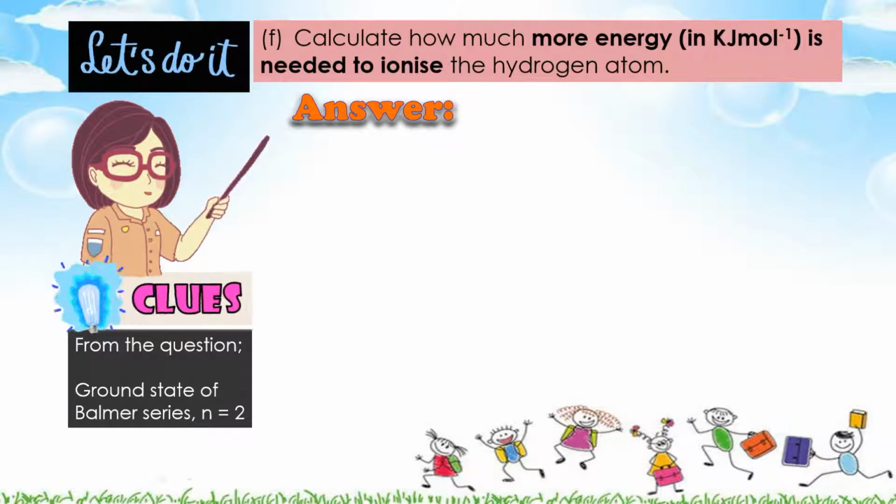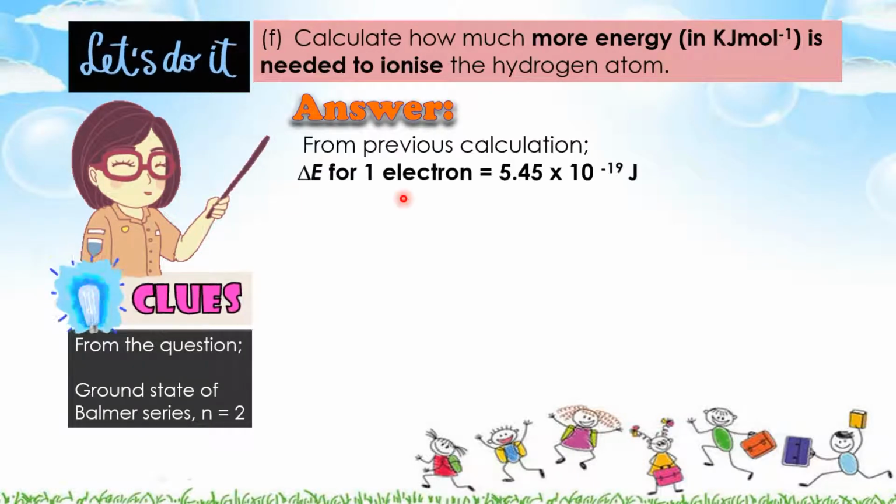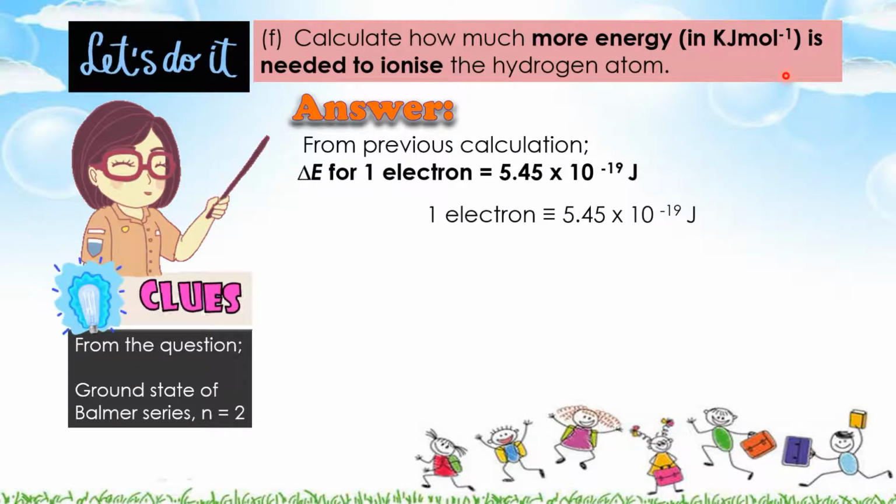For the second step, the previous calculation gave the energy for one electron. Now the unit is per mole, which refers to 1 mole of electrons.